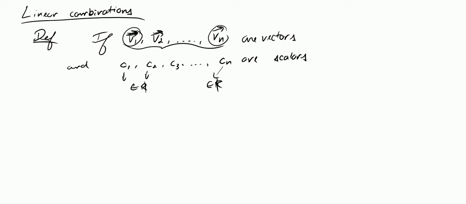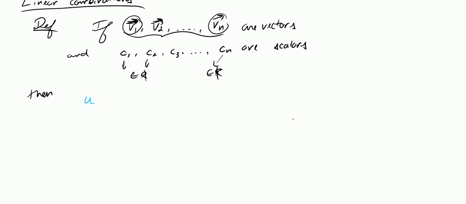Then a vector, let's call it vector u, written as c1 times v1 plus c2 times v2 plus c3 times v3 plus ... until cn times vn, the very last vector and scalar.